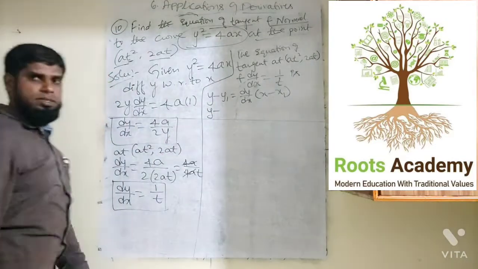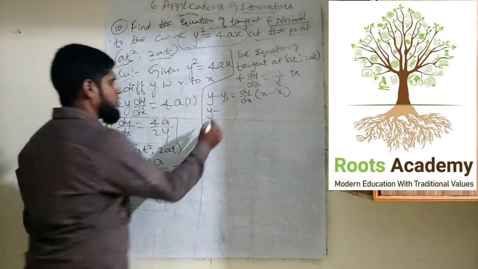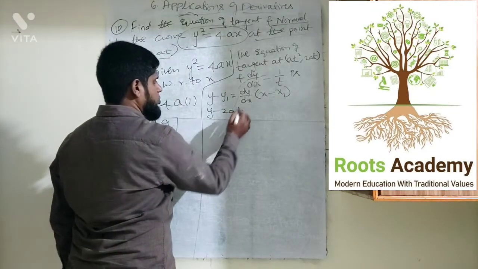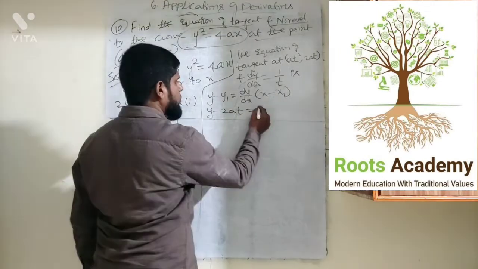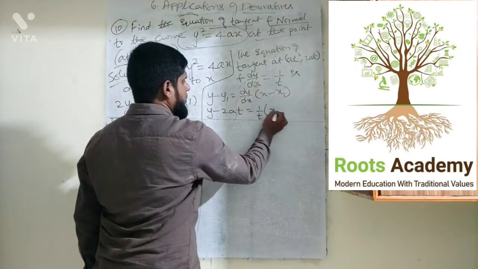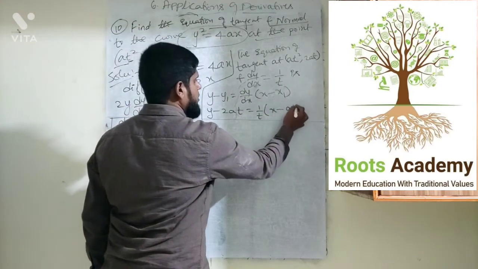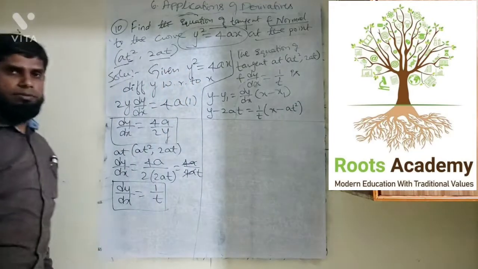So y minus y1, 2at, this is equals to 1 by t into x minus at square.